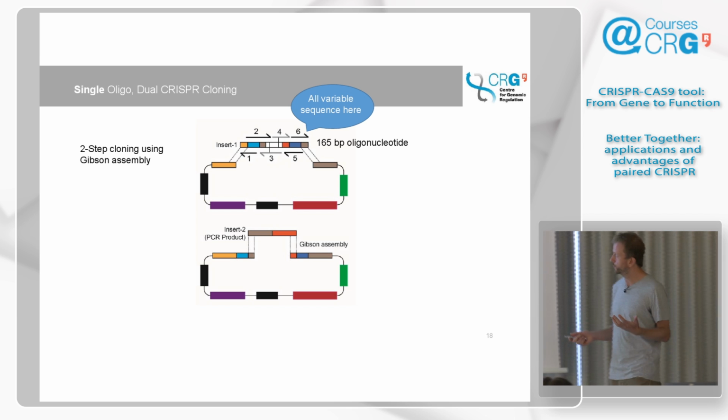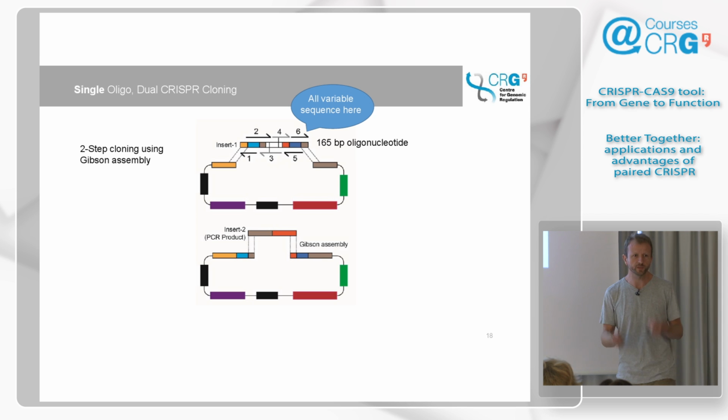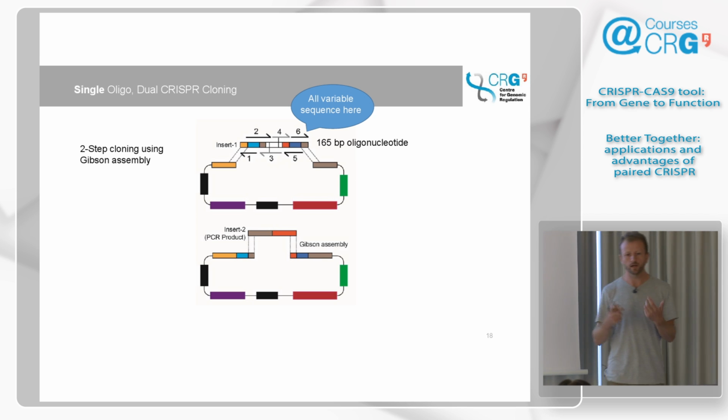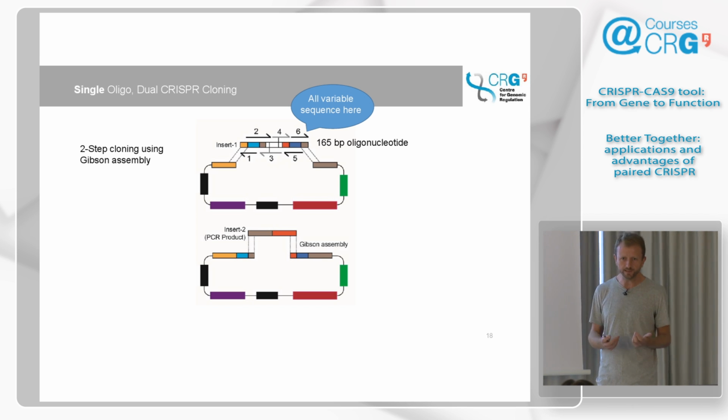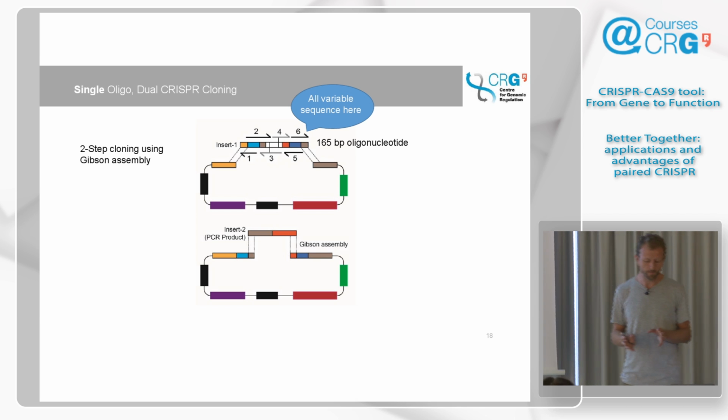Okay, so now that we clone these constructs, we can basically design these 2 variable regions. We can select any target in the genome that we want to delete, and then you've basically got 2 choices about what type of project you're going to do. You can either, as I'll show you, derive a clonal cell line where all of the cells are homogeneous.